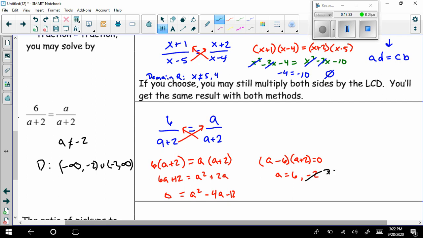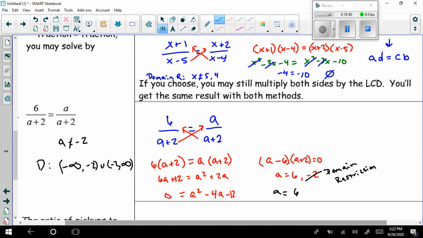So this is a domain restriction, which means that you can't use it. So the only solution is 6.